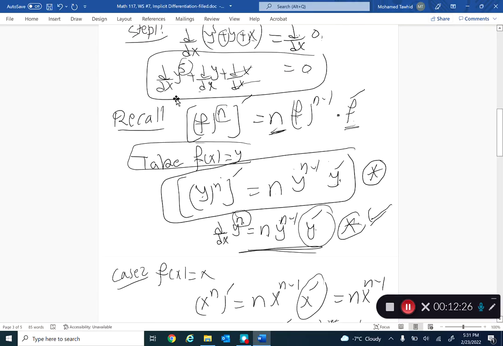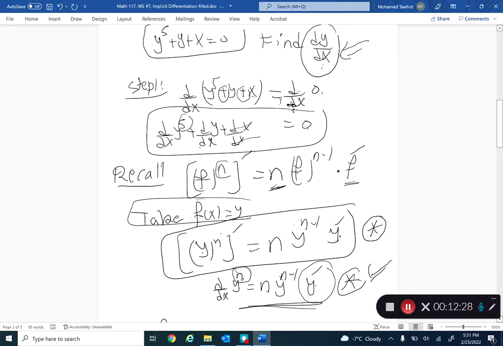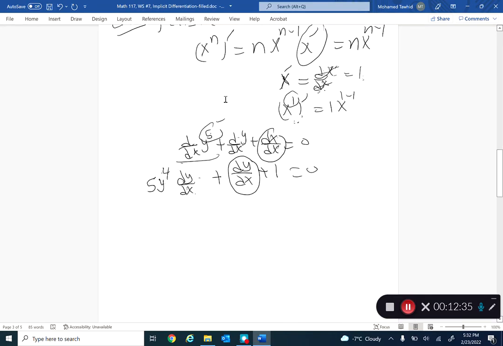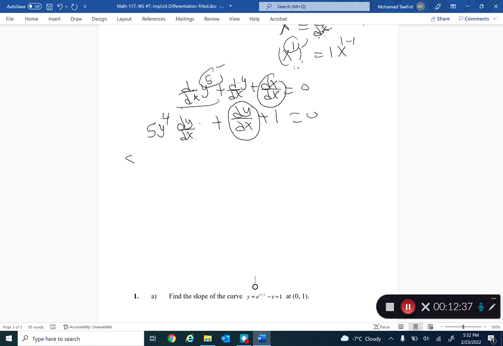Look what you have. Step number 1 I did. I took the derivative of both sides. You can write it in words: just take the derivative of both sides. And then I took the derivative. So that's step number 2. Step number 2, I'm going to collect any term involving dy by dx.